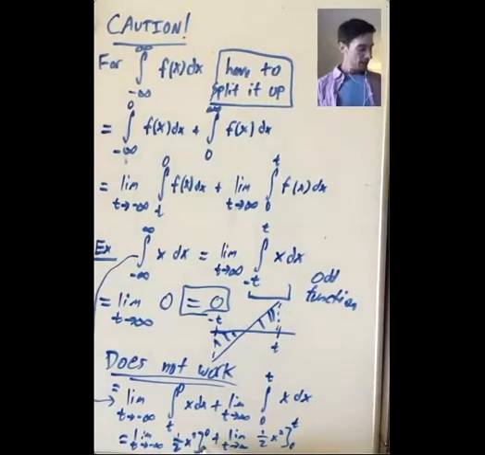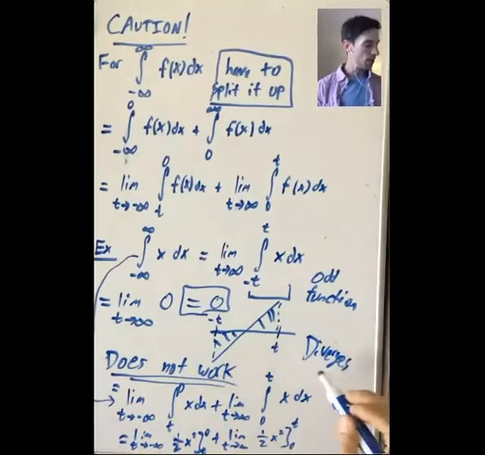And here we get 0 minus infinity, and here we get infinity minus 0. These both diverge. Neither one of these limits converges to a number that's not plus or minus infinity. The first one goes to negative infinity, and the second one goes to positive infinity. So this whole integral diverges.